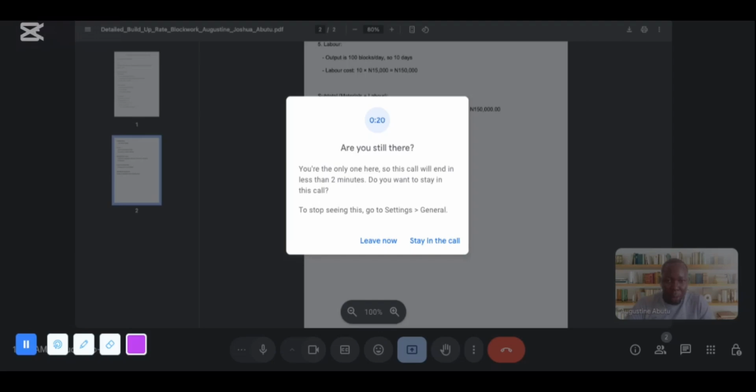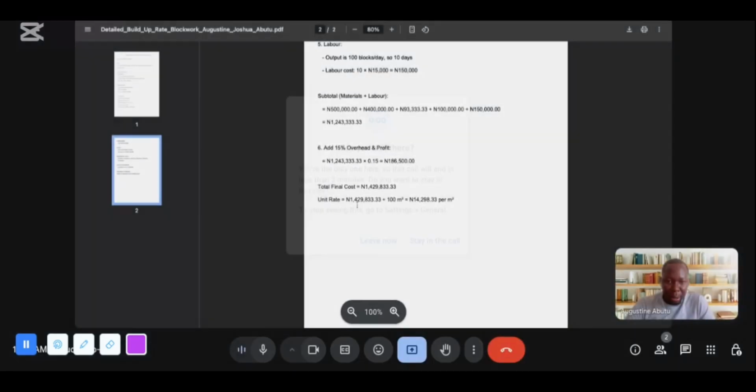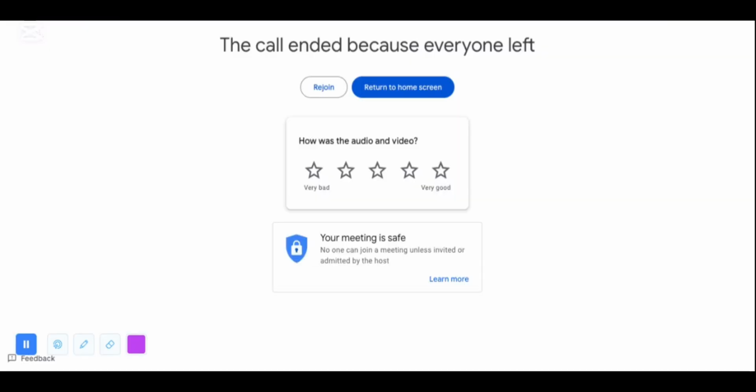Once you add your 15%, we'll have 186,500, right? So our total is 1,429,833.33. To get our unit rate, we'll be dividing it by 100 square meters. Once you divide it, we'll have 14,298.33 per square meter.